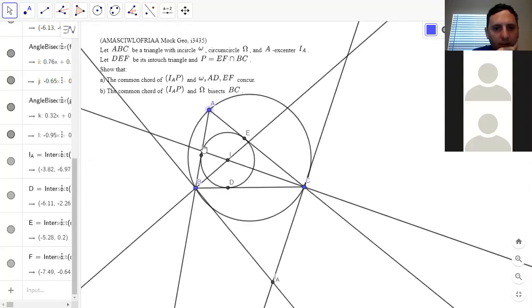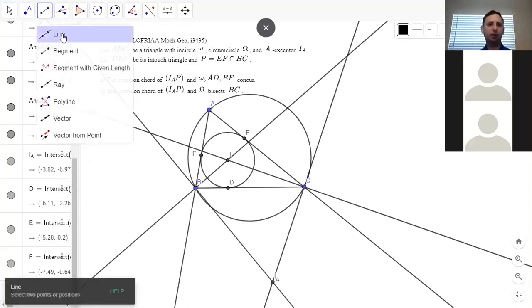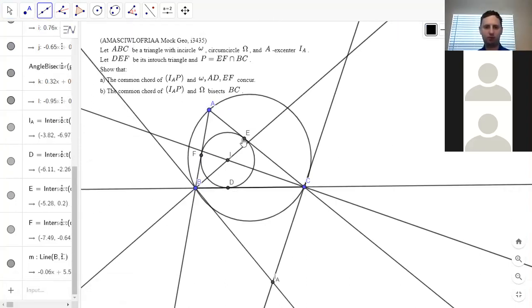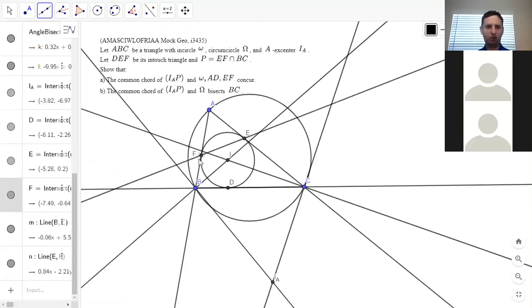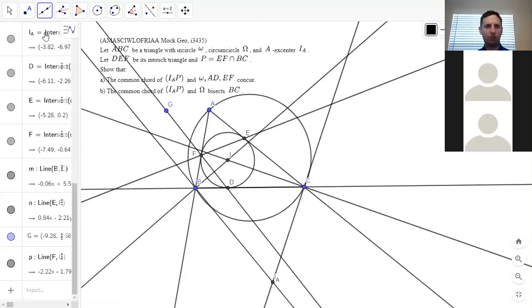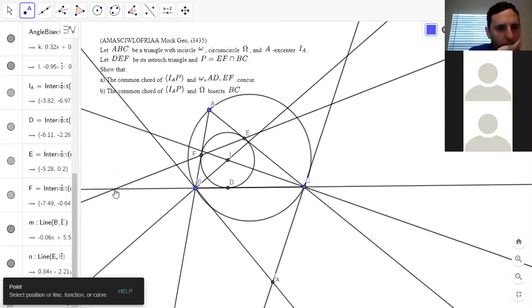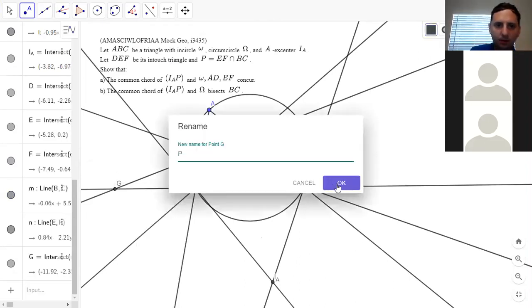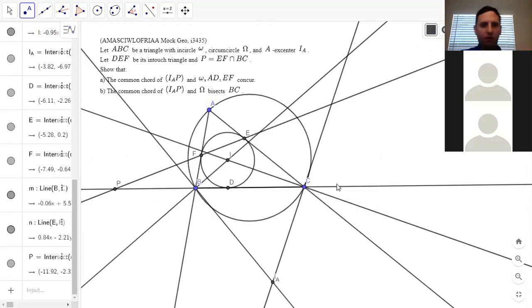So we know that's basically in harmonic conjugation with BD and C. Oops. This is P. Okay, so we draw the circle with diameter IAP.